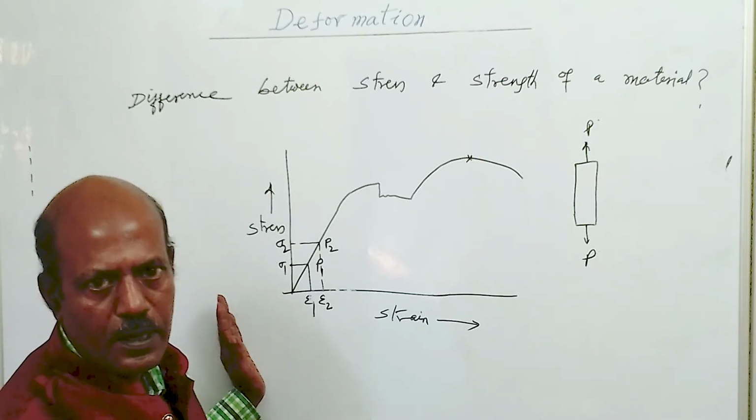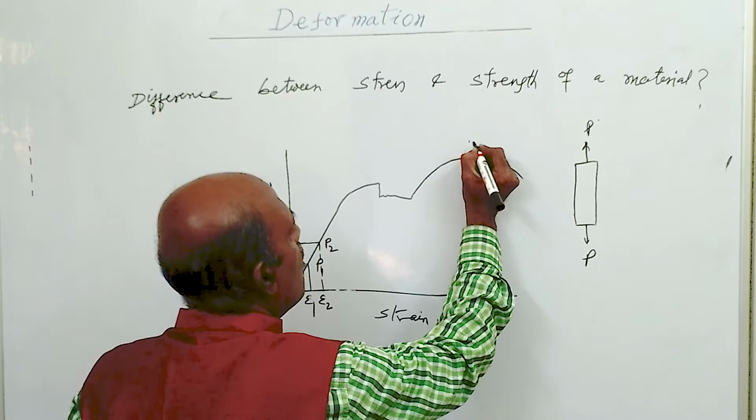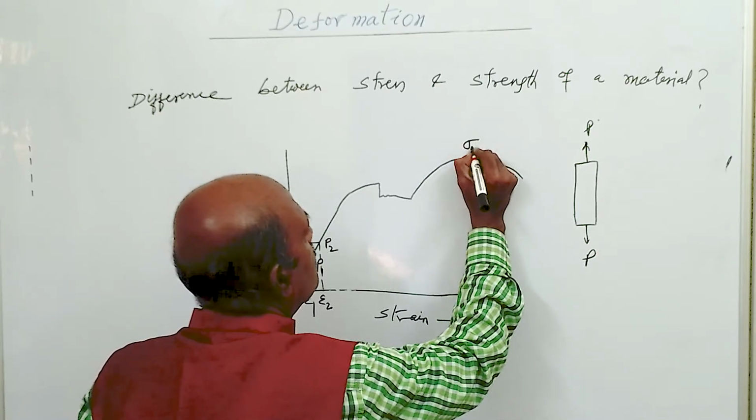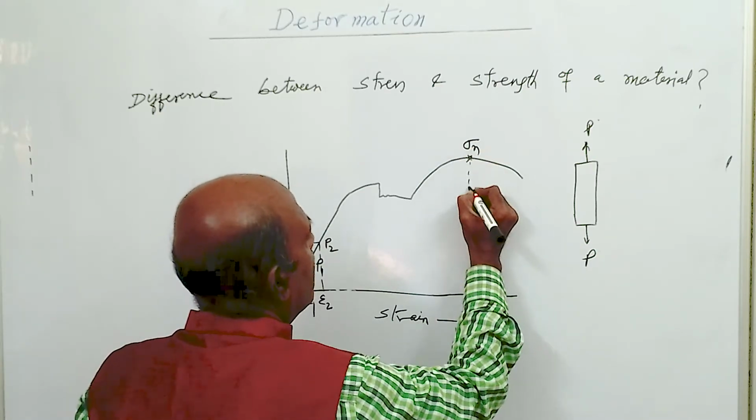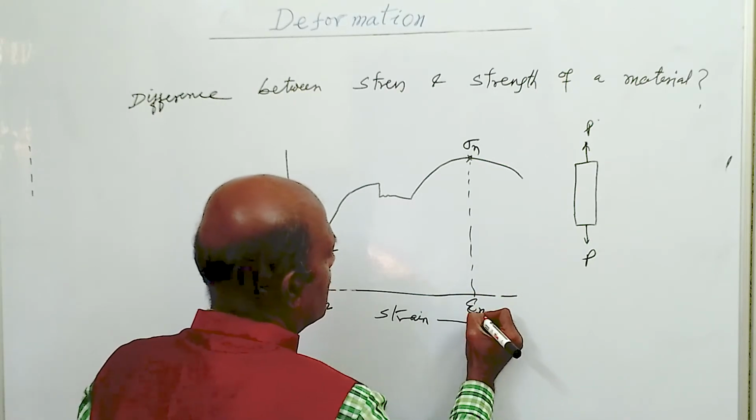Continue to increase the P value, say to Pn, the stress developed is sigma n and the strain developed is epsilon n.